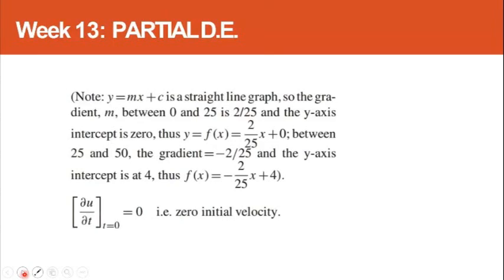And next for this is our gradient, which is in between 0 to 25, or our m. We can categorize the value of m by recalling the formula for the slope.